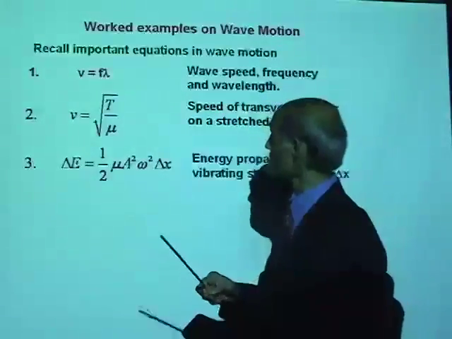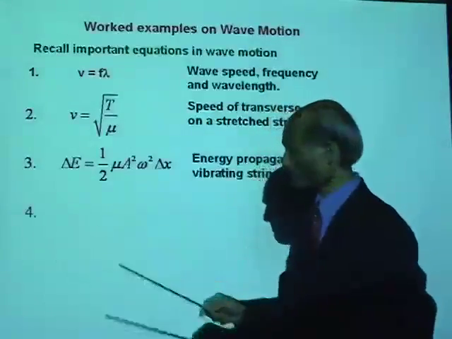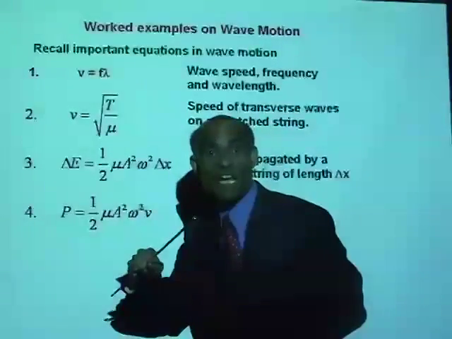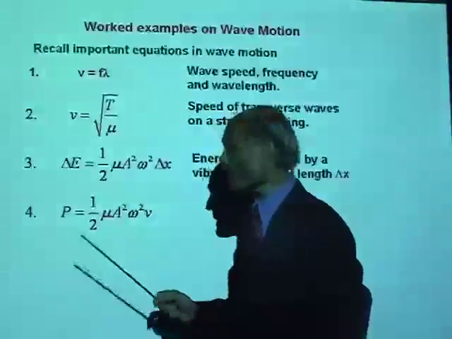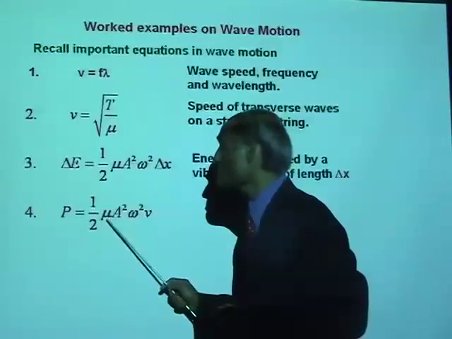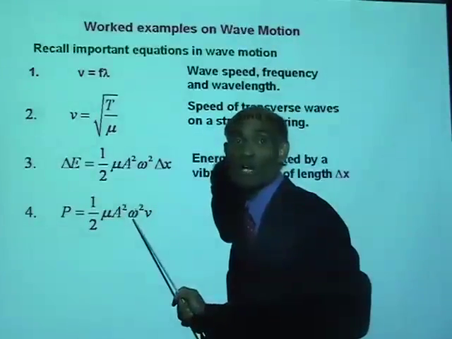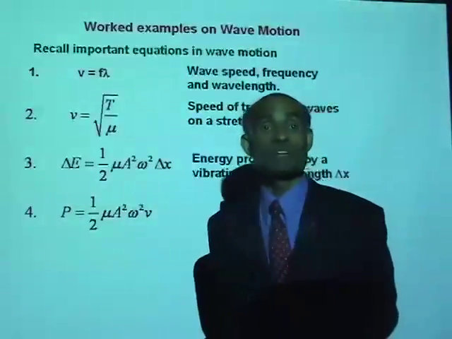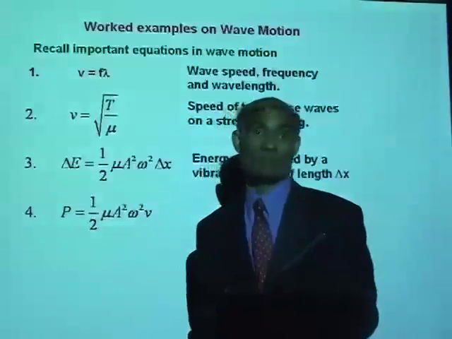Alright, all these you must be familiar with. And finally, the power transmitted along a stretched string is 1/2 mu a squared omega squared v, where v is the speed of wave on the string.